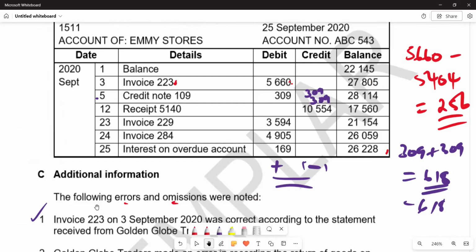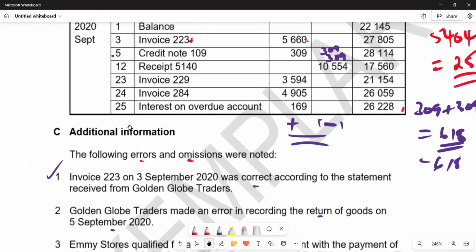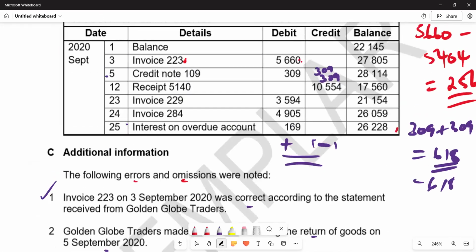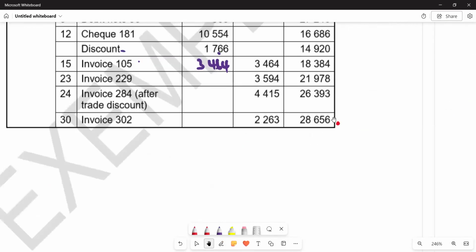And this is our invoice number 284. So 284 here is showing as 4,905. So we've got 4,905. And then this one is 4,415.